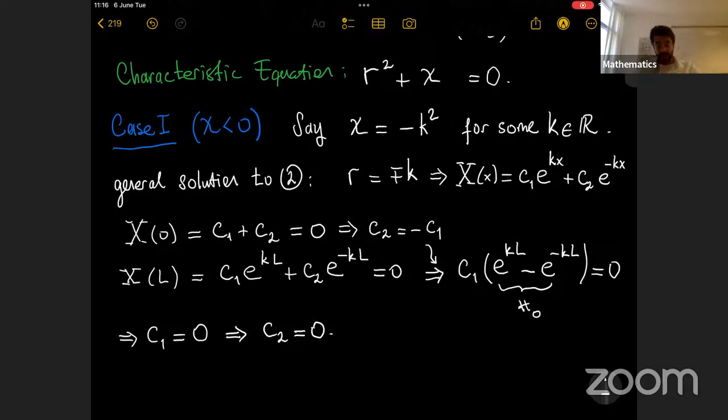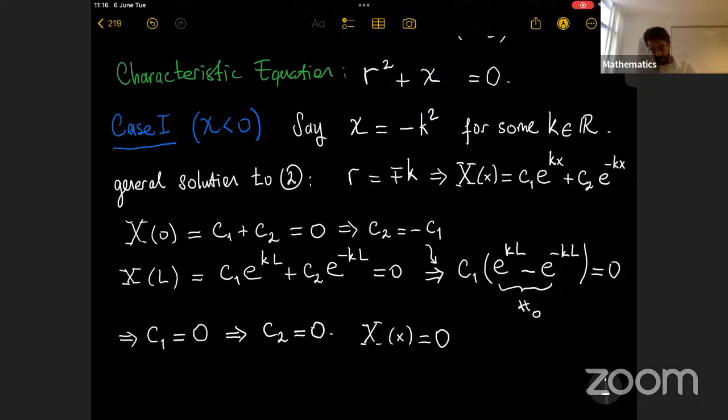This tells you that x must be 0. But this is a trivial solution, and we are not interested in trivial solutions because later we will put some second initial conditions, which are non-trivial.